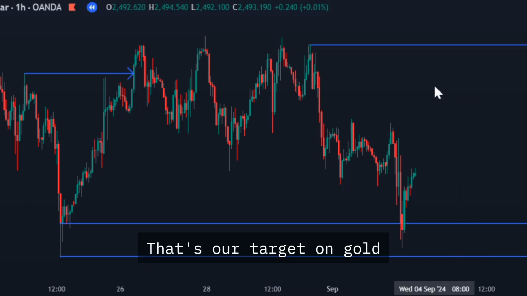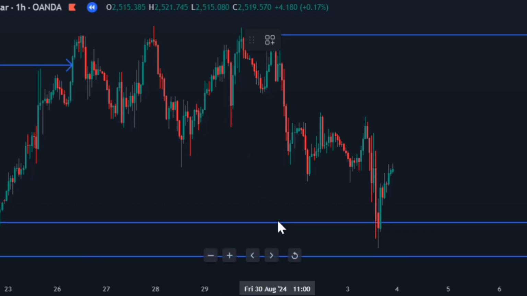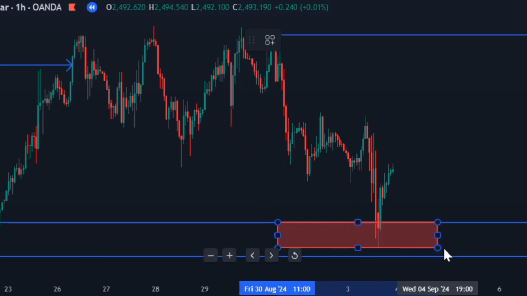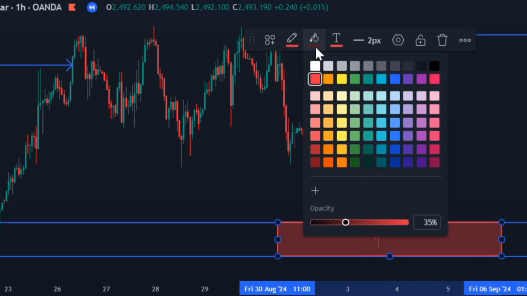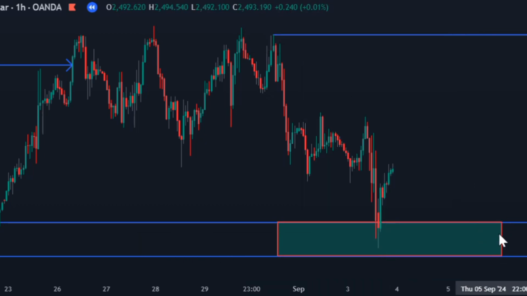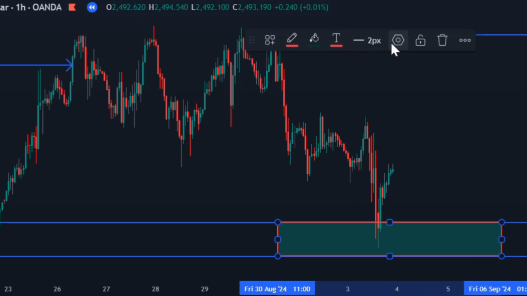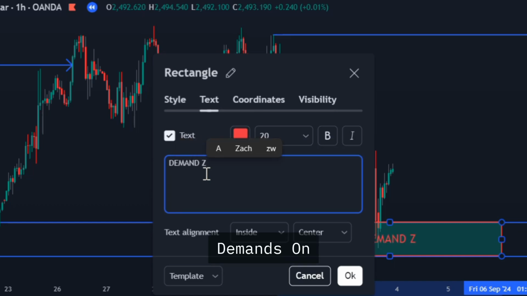That's our target on gold. So what we do, we mark this area as our demand zone. I love doing this. I name it a demand zone.